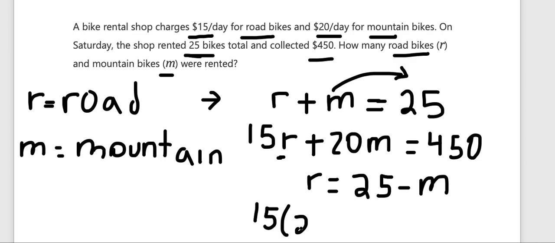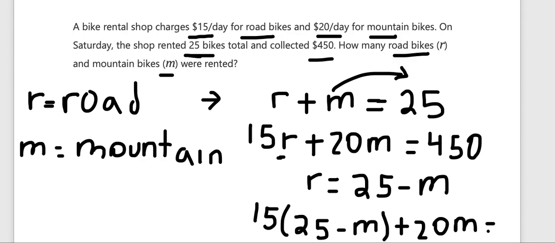R is 25 minus M, 25 minus M, plus 20M is equal to 450.